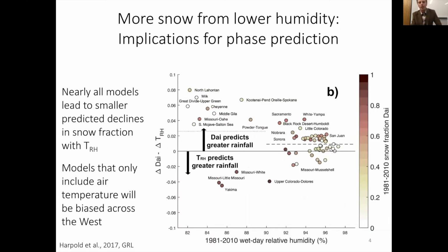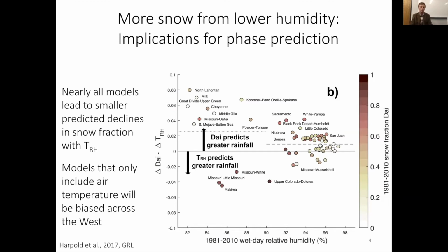So does it matter? Well, we can take those models, this dye model that is only temperature based and the TRH model that also includes humidity in addition to temperature, and we can play these out over the future using our GCM projections and see whether they produce different predictions. And so the individual points here are basins in the Western United States, and falling above in the positive means that the temperature-based method is predicting a greater amount of rainfall, or the humidity is predicting a greater amount of snowfall.